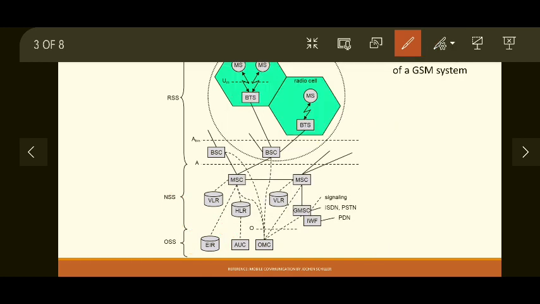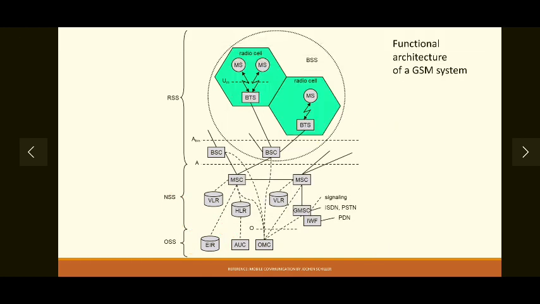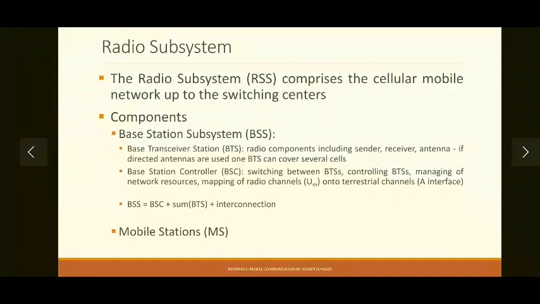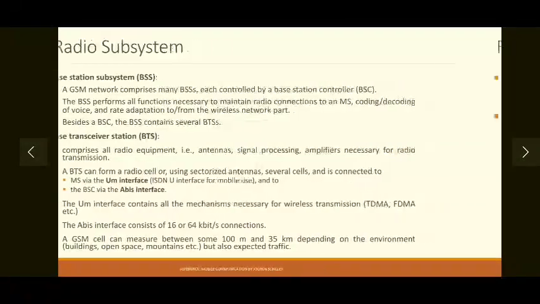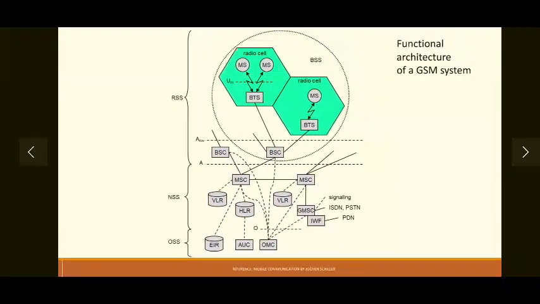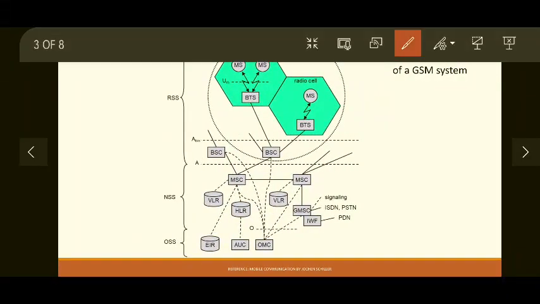Okay, so this is the functional architecture of a GSM system. As you can see, the large circle over here is named BSS. So it is a combination of base station controller, BTS and MS. One base station controller is connected to more than one BTS.